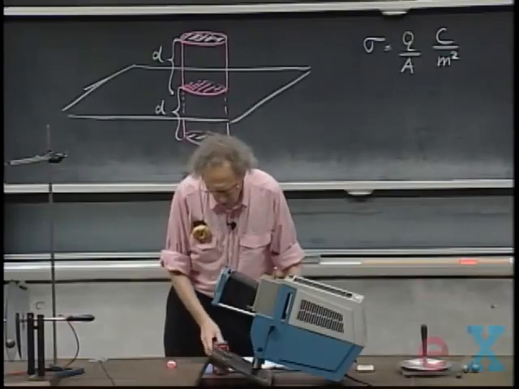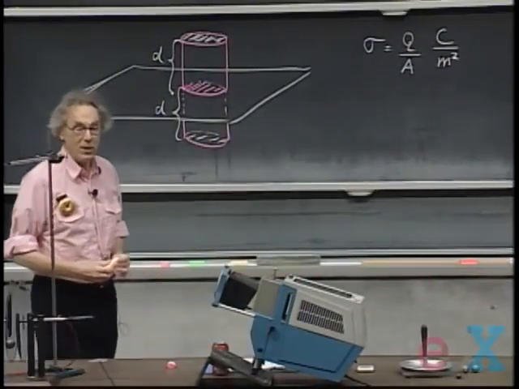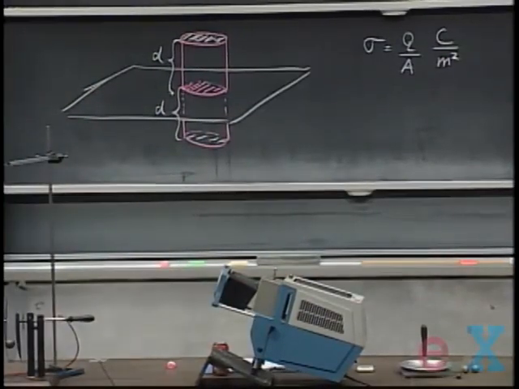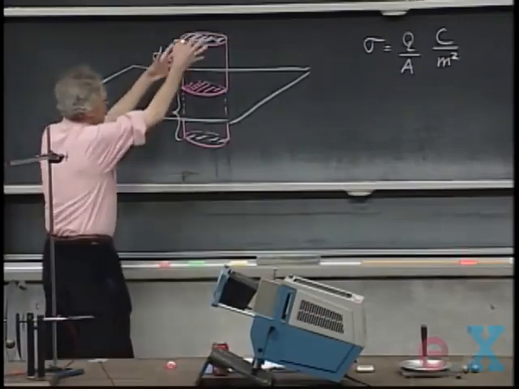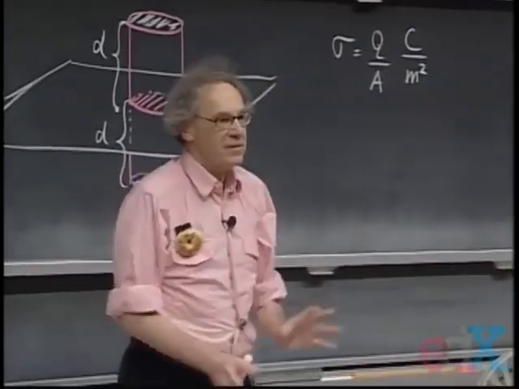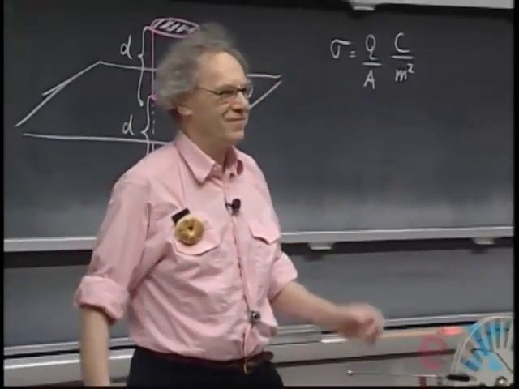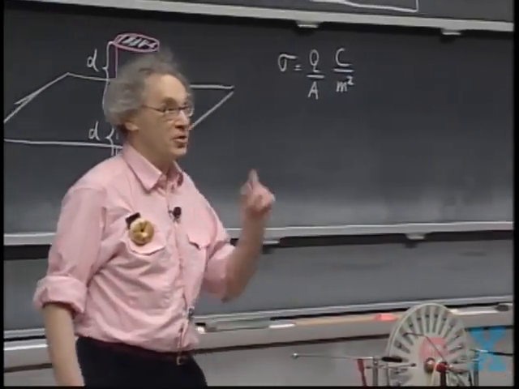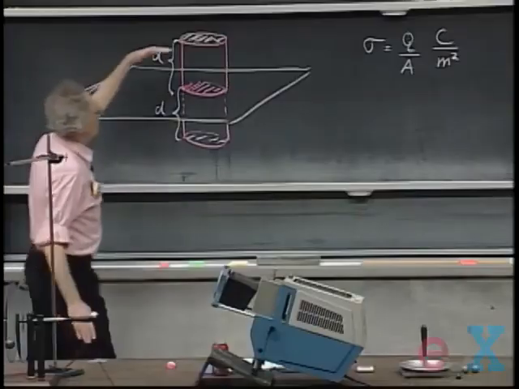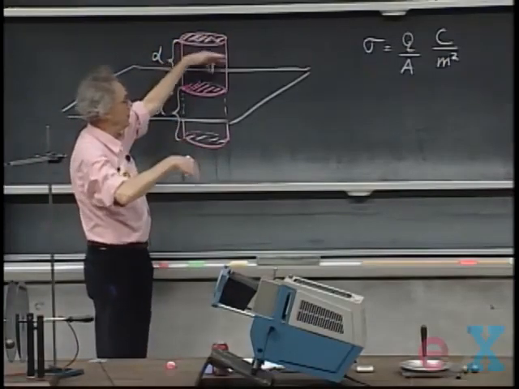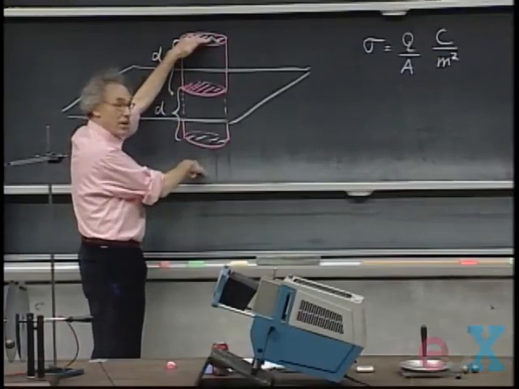If you work this out at home, you will find an amazing result. You will find that the electric flux through these vertical walls is 0. Nothing comes out through the vertical walls. Think about it, why that is. Use symmetry arguments. But something comes out here, or comes in here if it is a negative charge, and something goes out here.